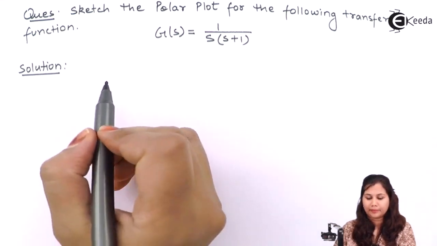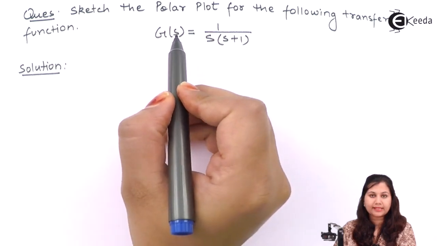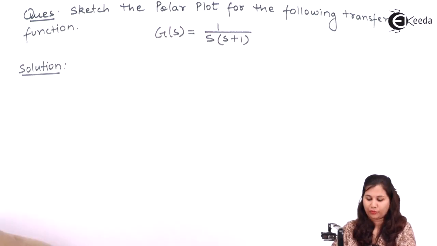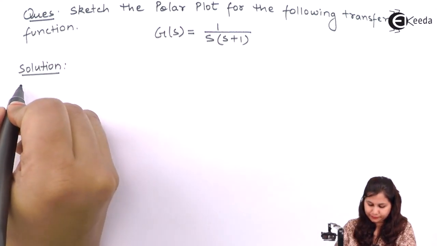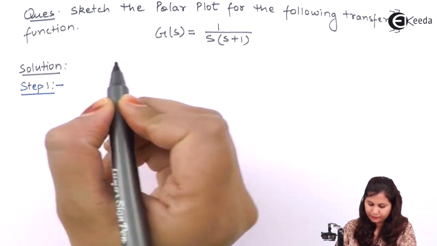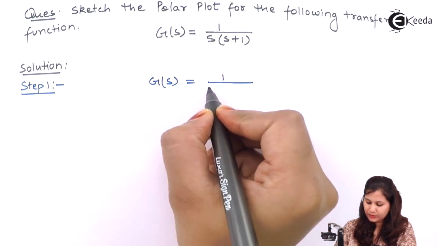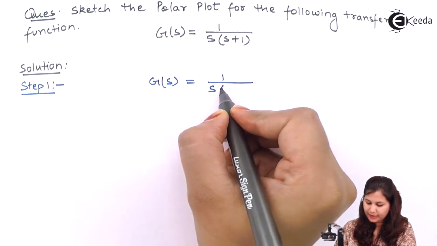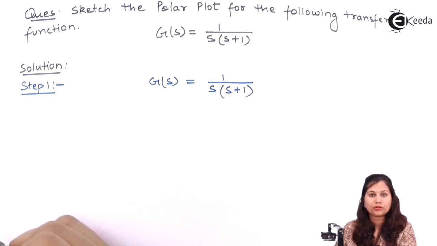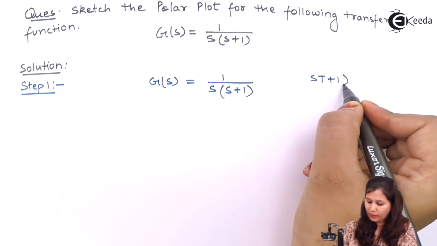The first step to sketch the polar plot is to replace this s by j omega. The transfer function is given to us as 1 upon s plus 1, so it is already in the form sT plus 1.